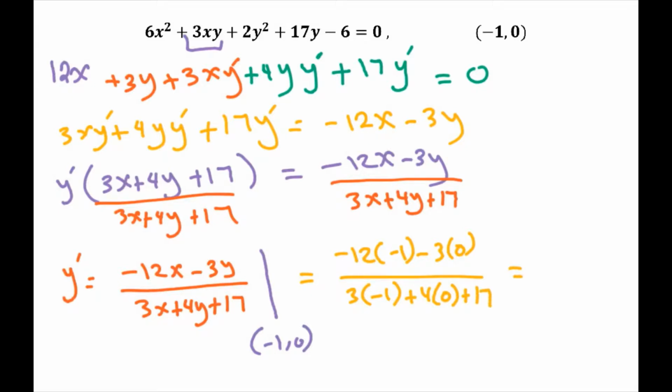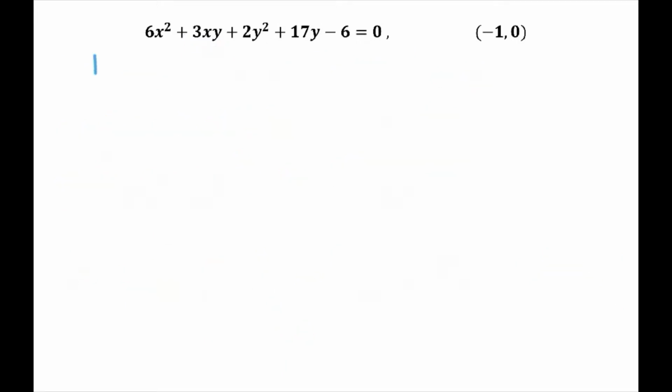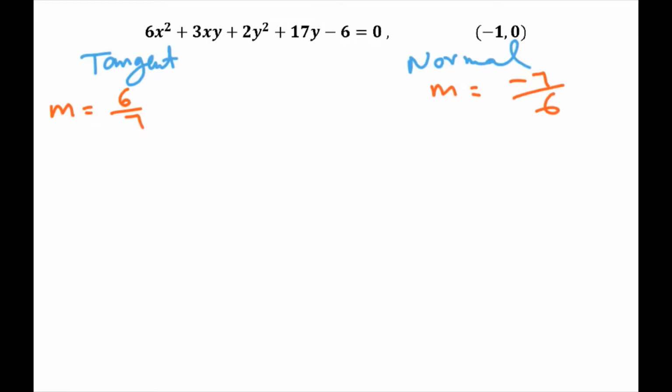And the answer will be 12 over 14, which in the simplest form is 6/7. Now that's the slope of the tangent. So for the tangent line and the normal line: for the tangent line, we said the slope is 6/7. The normal line slope will be -7/6.